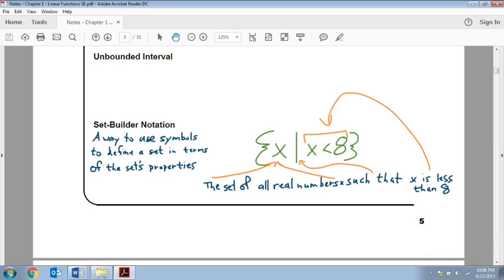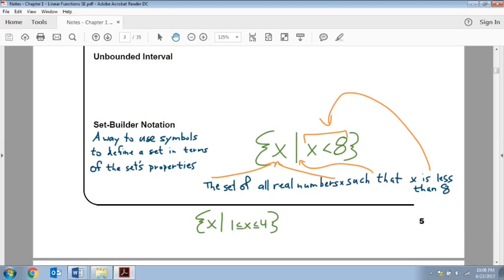If I wanted to use that unbounded interval from earlier, where I went from 1 to 4 or something like that, we can write that one real quick. This would be the set of all real numbers x such that x is greater than 1 but less than or equal to 4.